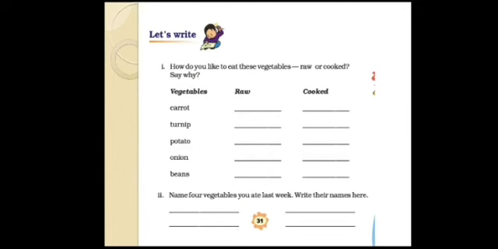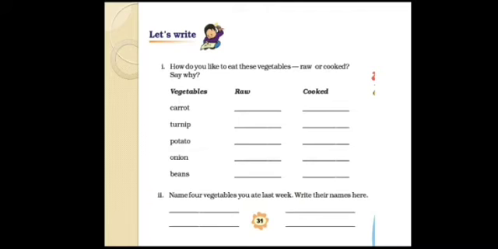Yes, this is a let's write section. What you have to do here, you have to write how do you eat these vegetables, raw or cooked? Carrot, turnip, potato, onion, beans.